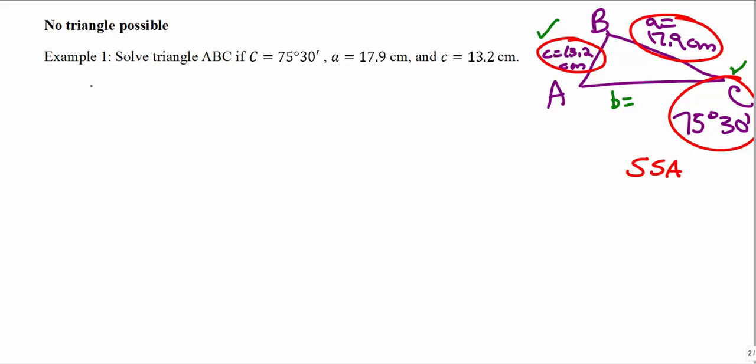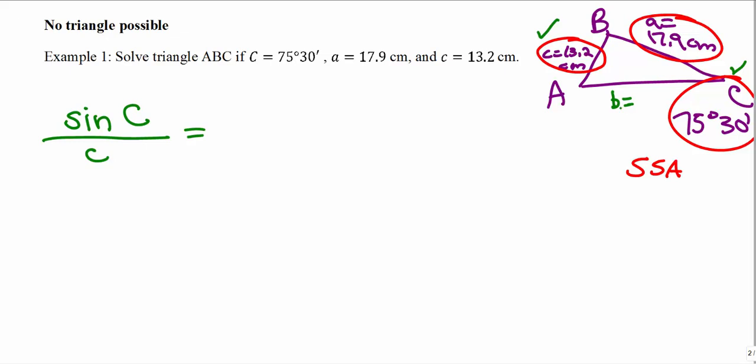Since we're solving for angles, we're going to solve for angle A and angle B. If we're solving for an angle, we're going to put the angle on top. So we're going to do sine of angle C divided by side C, and we're going to set that equal to either B or A, whichever one we're going to solve for.